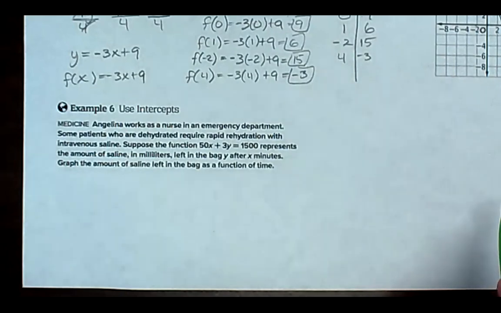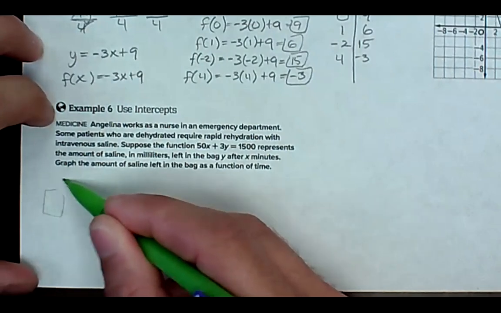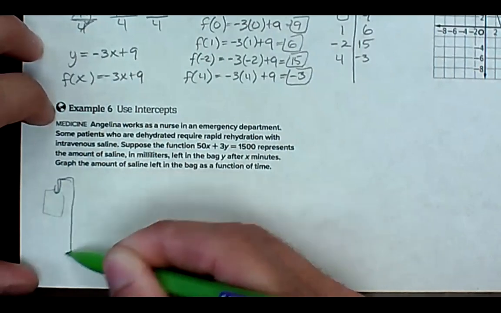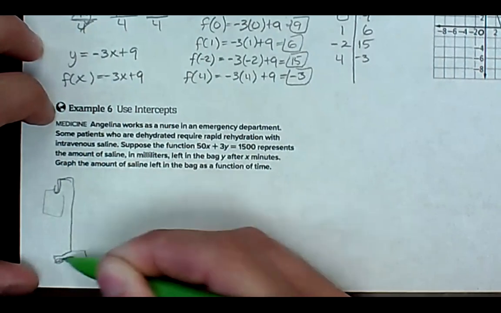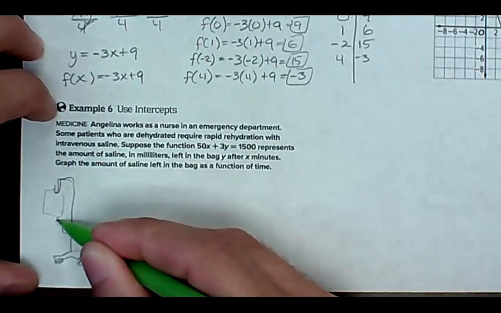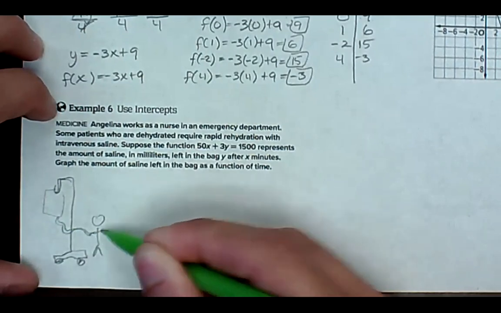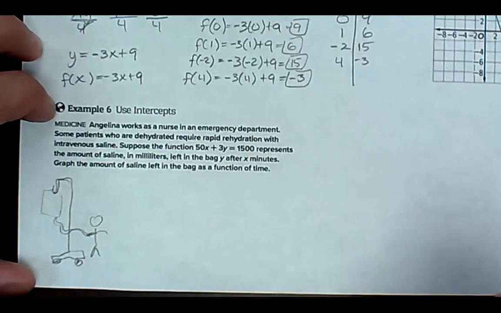I don't know if you guys have seen it in movies or maybe gone to the doctors before. That's the little liquid bag that hangs. There's a rolly thing, right? And then the saline, this little liquid, goes into the person, into their body, if it's the arm, whatever.